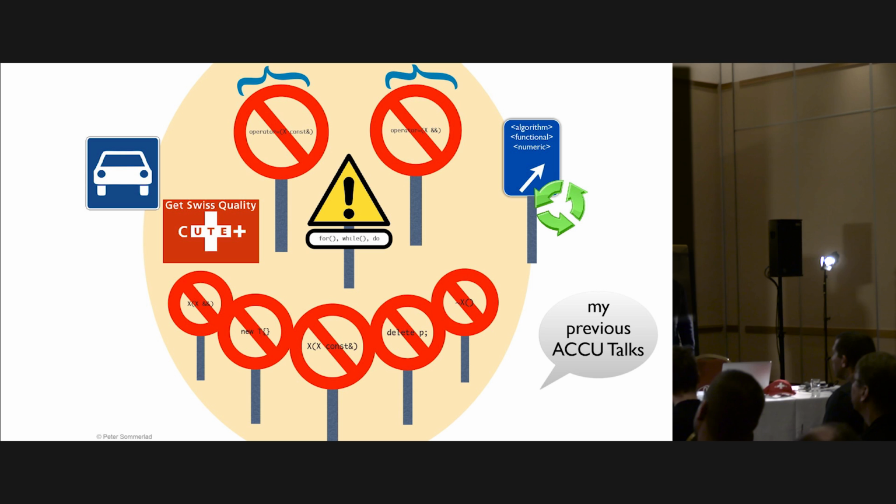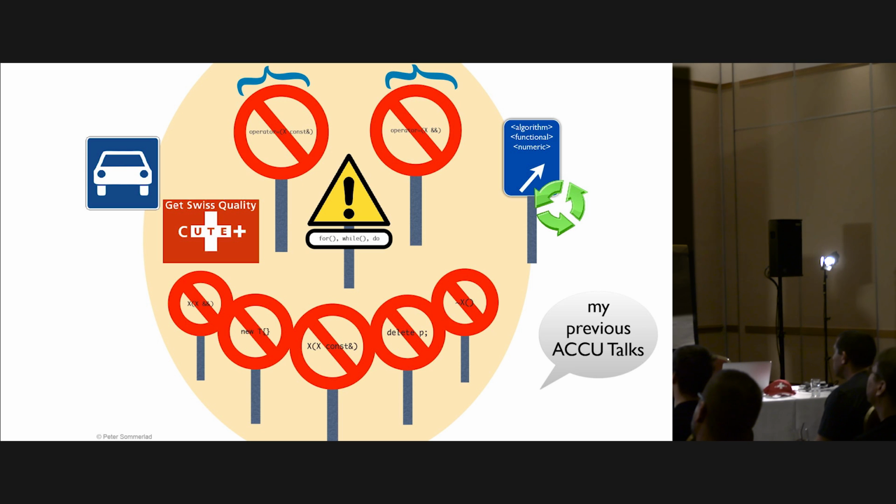And if you're not writing an RAII class, don't write your own destructor. Only there do it. And also assignment operators: rely on what the compiler generates for you and write your classes in a way that the compiler generated special member functions just work.